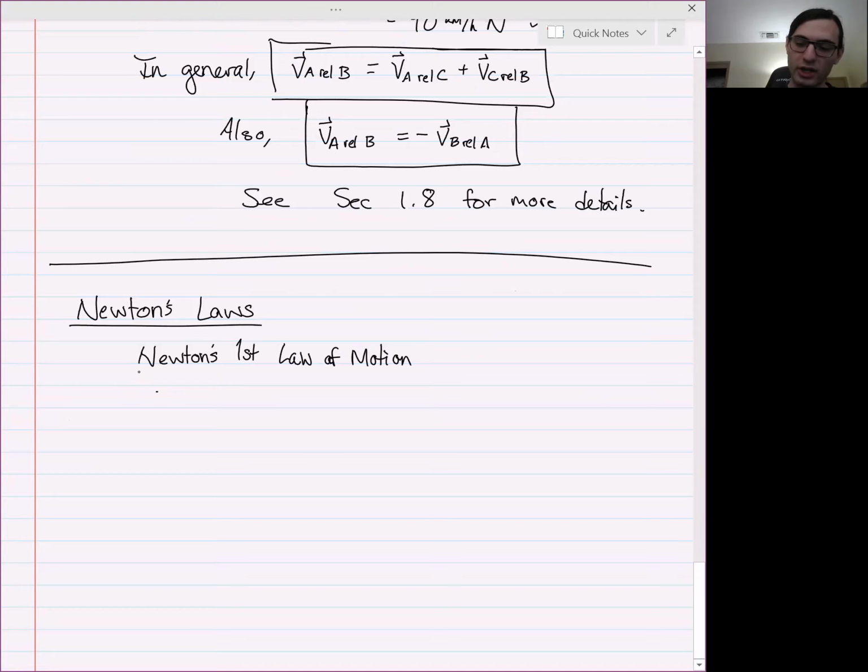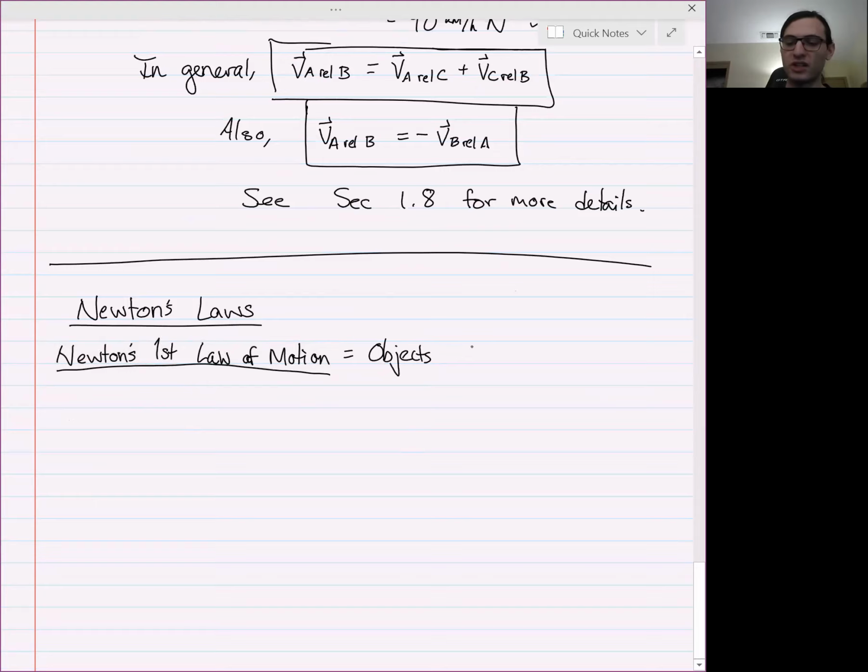And I'm going to write it out in long form in words, just so you can see it at least once written out in words. So objects at rest, or in motion at a constant speed in a straight line.